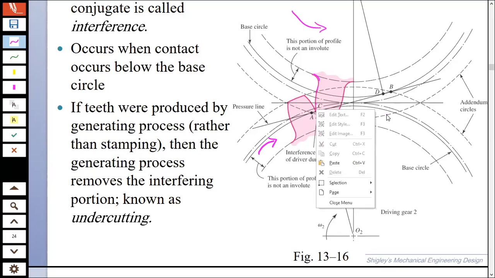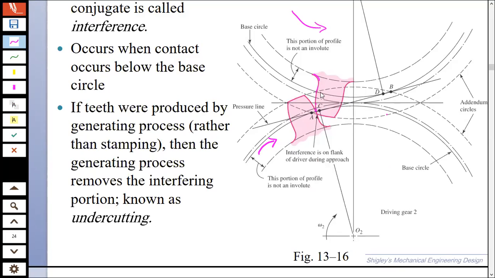It is going to come in contact with this gear tooth and push it in this direction. Therefore, this one is going to rotate in this direction. Now, at the end, if I look at this tip, this tip is involute, right? But over here, some portion of the tooth is not involute. Only the portion that is above the base circle is involute, right?